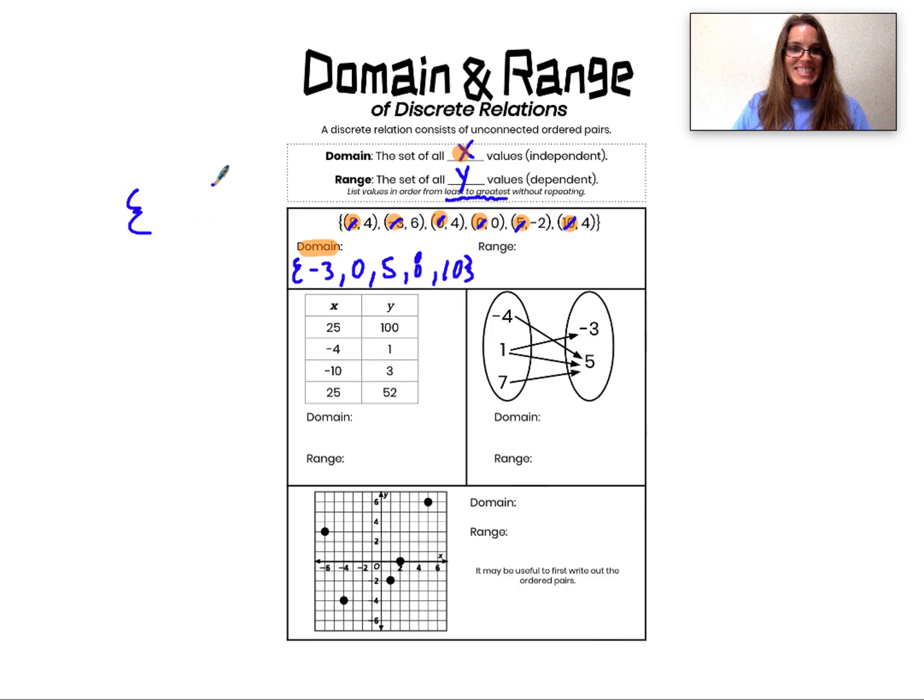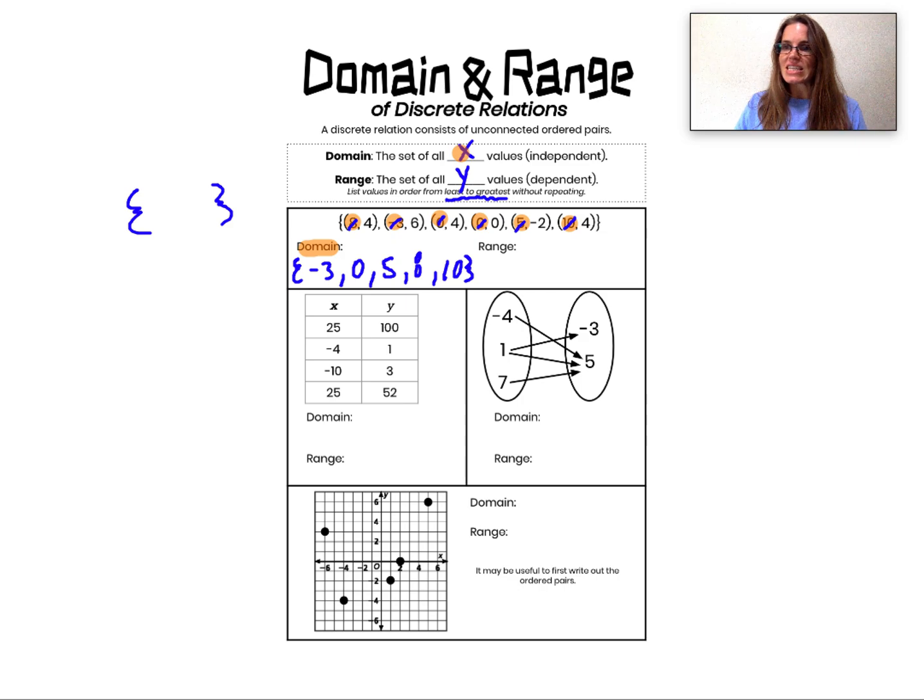So I'm writing my set in curly brackets. Curly brackets indicate I'm giving you a set of values. I'm not that great at curly brackets myself, so hopefully someone in class will give us a tutorial. The big thing is that parentheses are not allowed. Parentheses are for ordered pairs, not for sets. So do your best to do some sort of curly bracket.